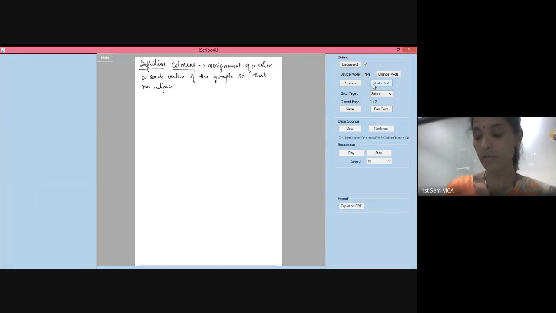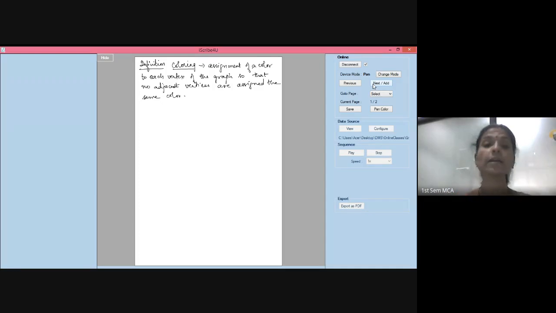That is called coloring of the graph. No two adjacent vertices are assigned the same color. That is what you mean by coloring.